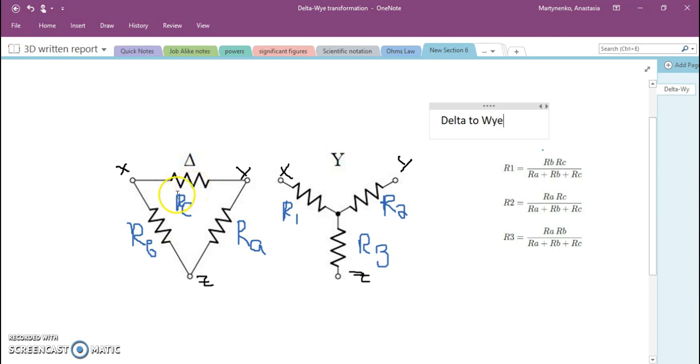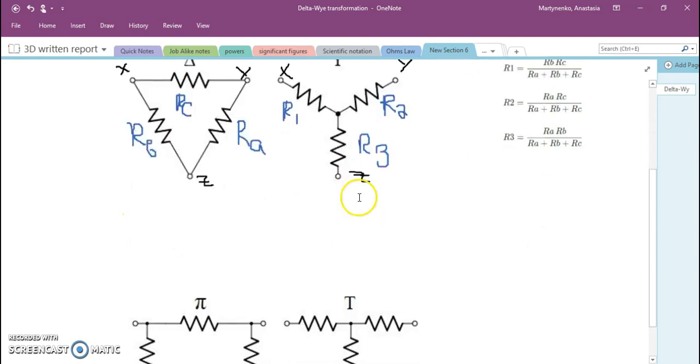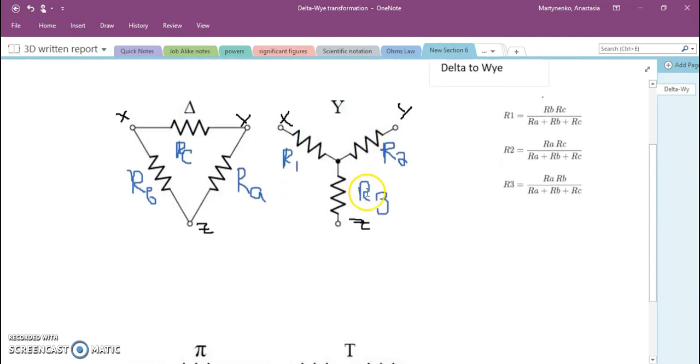Make sense? So RB and RC multiply together and go on top. The bottom is always RA plus RB plus RC. So the top for each resistor that you're plugging in is always the two that it would be in between. Here, let me show you what I mean.